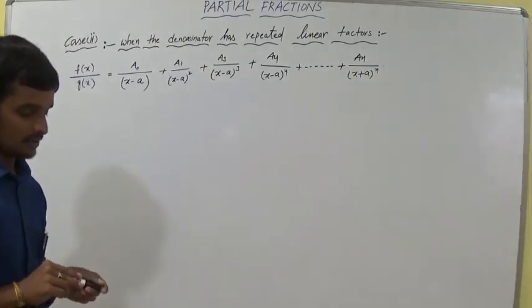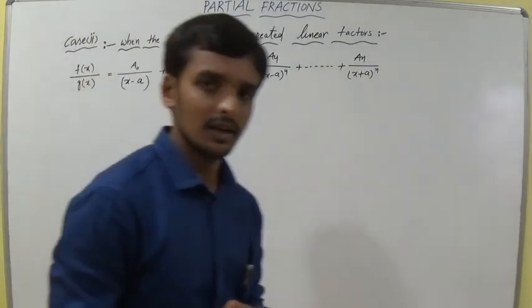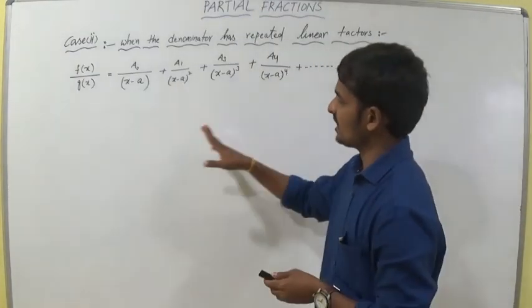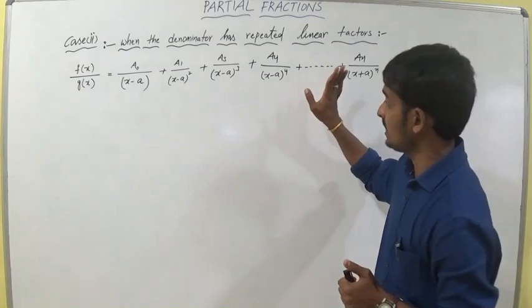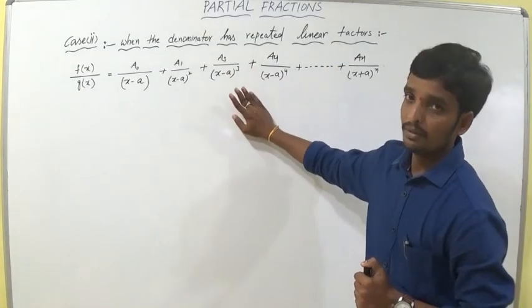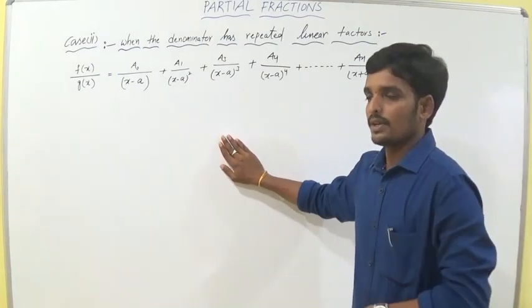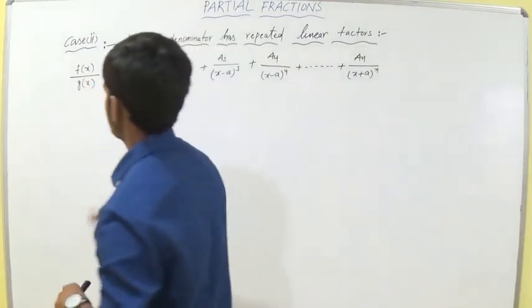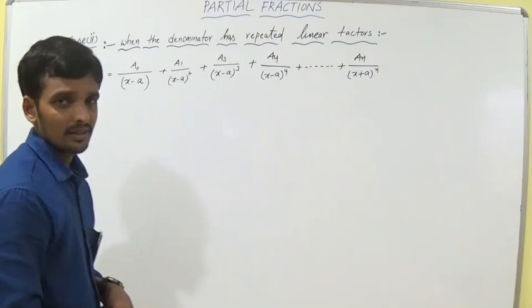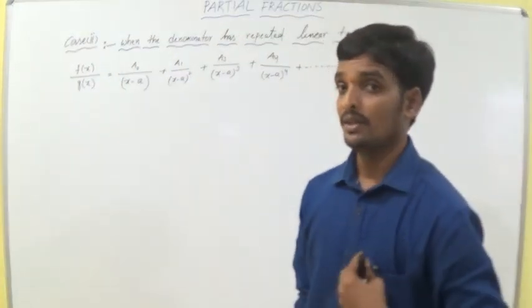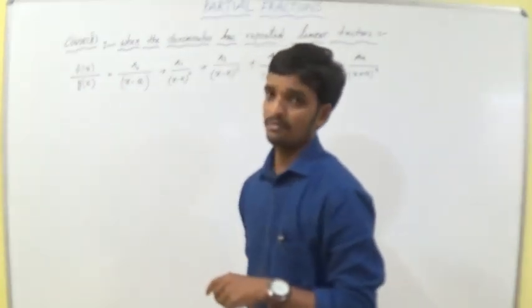I think you may have some doubts in your mind. I will clarify that before going to the problems, because then the method will be clear. Before that, we need some knowledge. We know that f of x is a polynomial or a function, so we do not bother about the numerator.